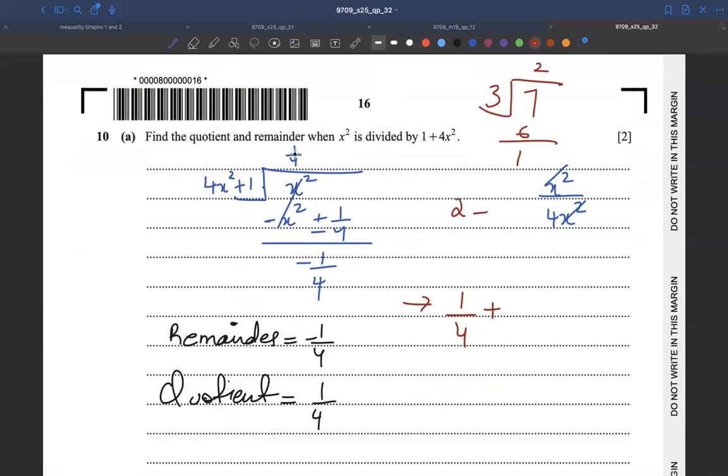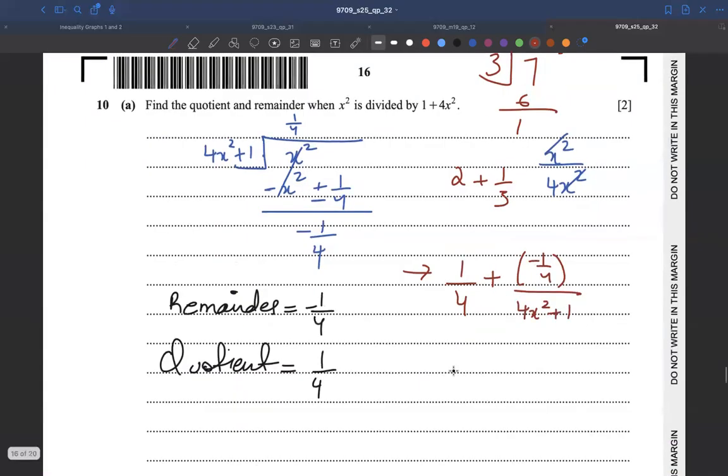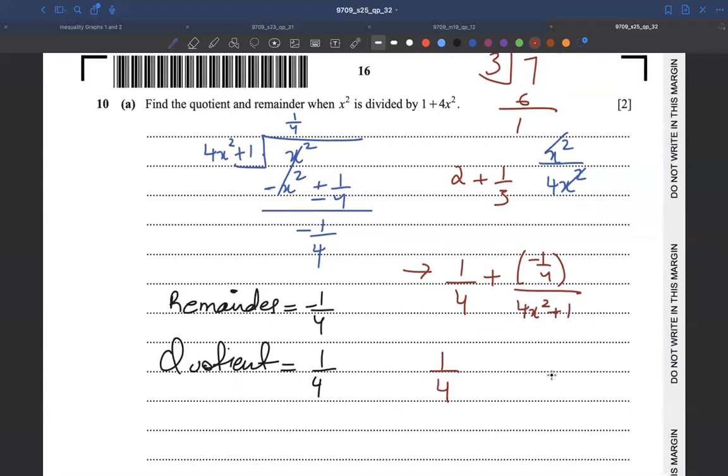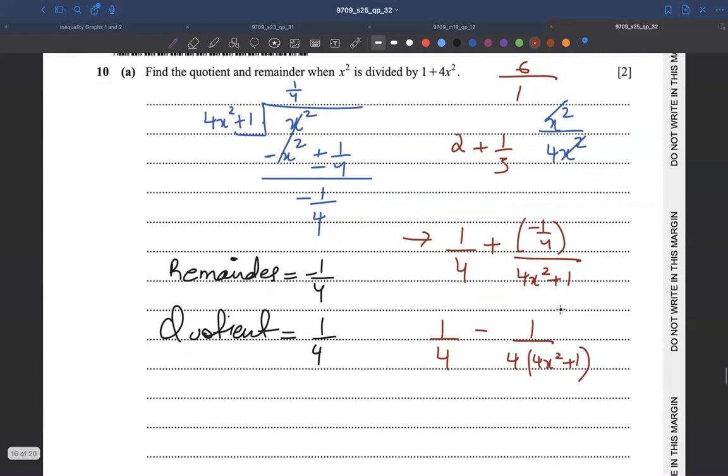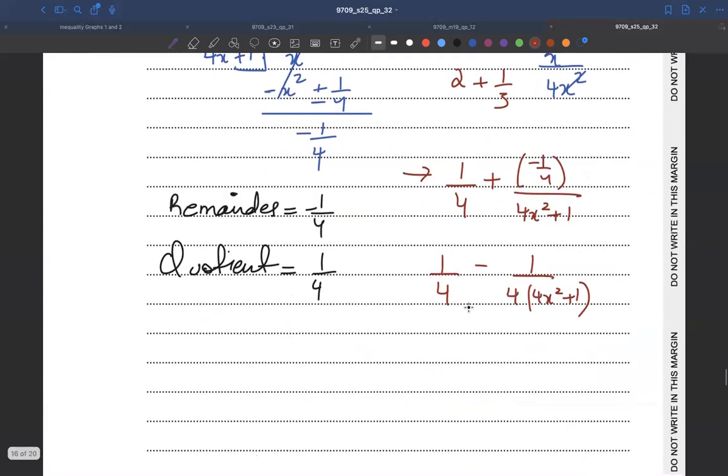So I can write it as 1 upon 4 plus minus 1 upon 4 divided by 4x square plus 1. Simplifying this, I will get 1 upon 4 minus 1 upon 4 into 4x square plus 1. All right, so we'll get this in place of that expression.